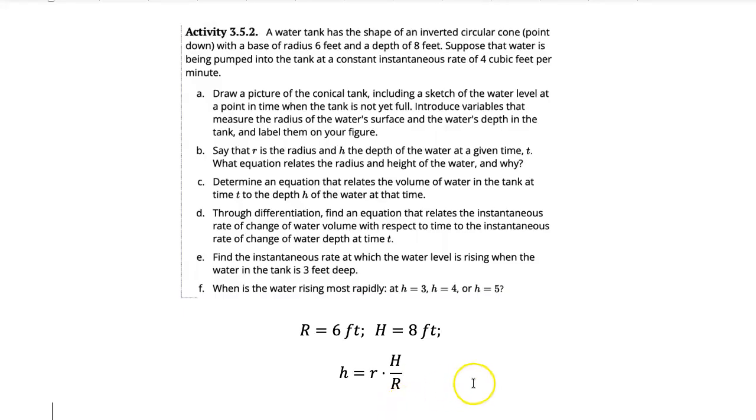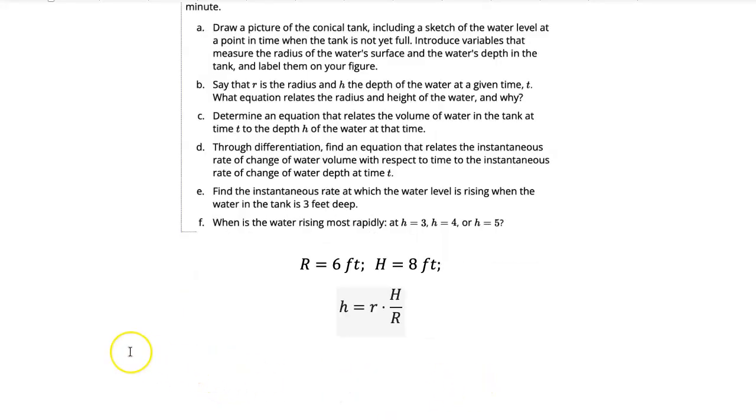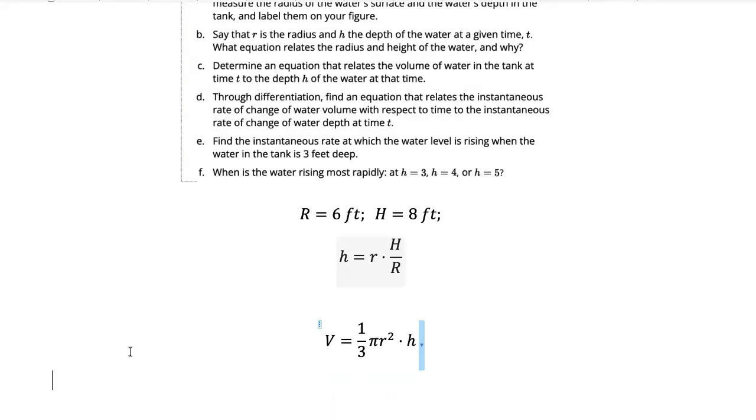And if we were looking at, okay, so what is the volume? If you remember your volume equations, it's 1/3 pi r squared h is the volume of the cone, at height h, which corresponds to radius r.